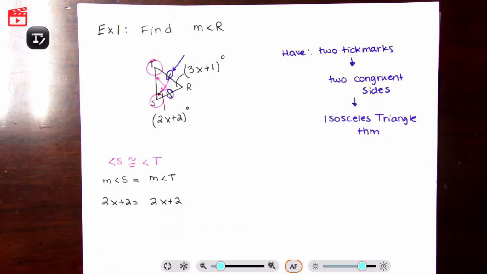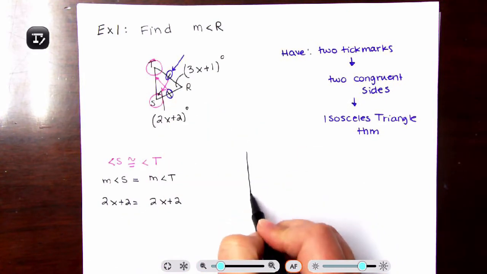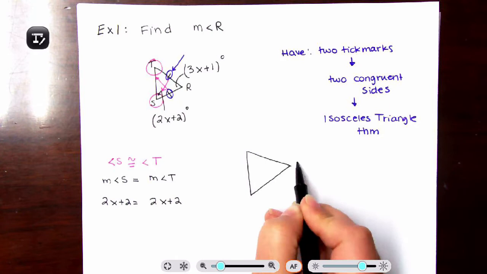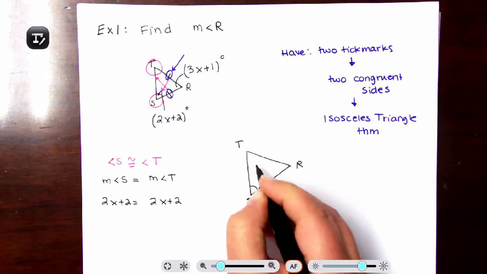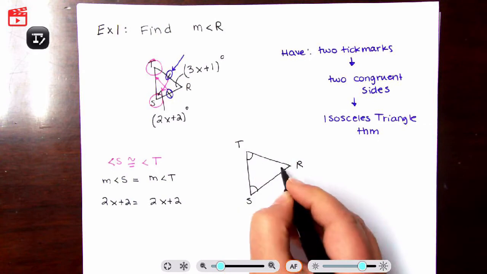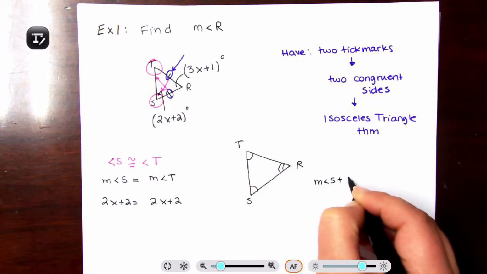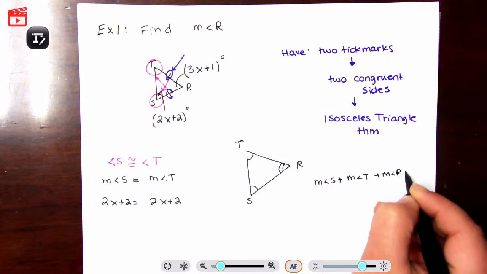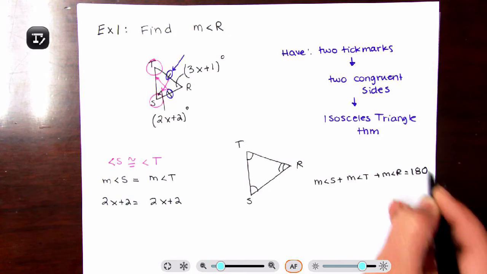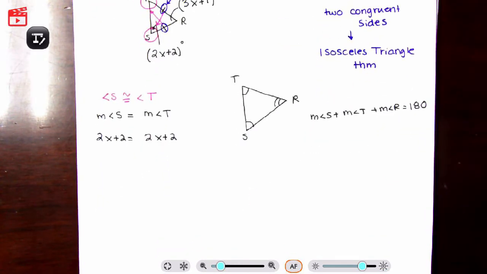Now, how did this help us? Well, because we're trying to find the measure of angle R, I'm going to redraw the triangle here. We know that the measurement of angle S plus the measurement of angle T plus the measurement of angle R is going to be equal to 180 degrees because of the triangle angle sum theorem that we previously learned.